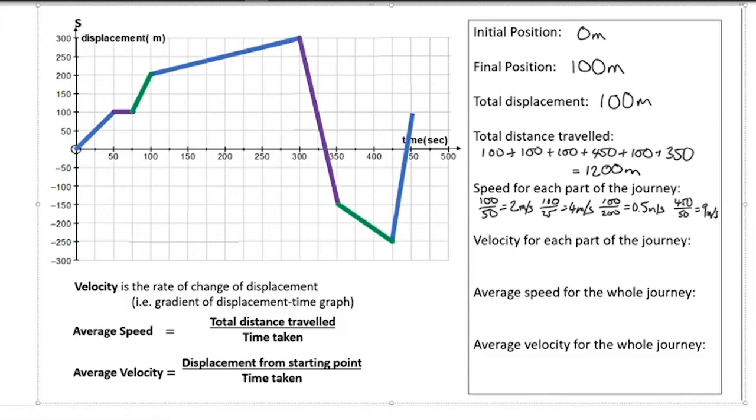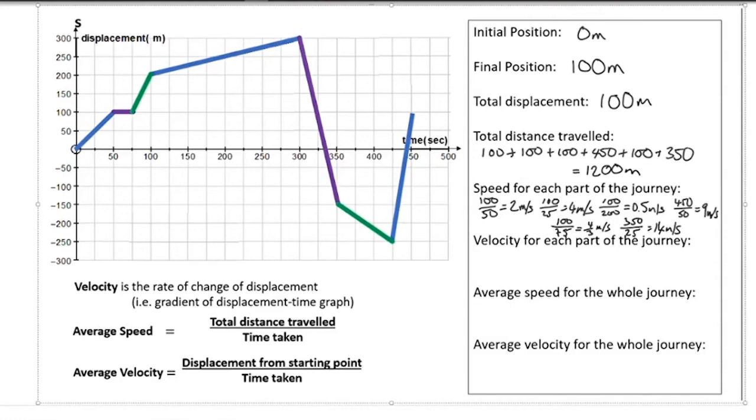The green part of the journey, we travelled 100 meters, it took 75 seconds. 100 over 75, 4 over 3, or 1.33 meters per second. And finally, the last blue part of the journey, we travelled 350 meters, and it took us 25 seconds. 14 meters per second.